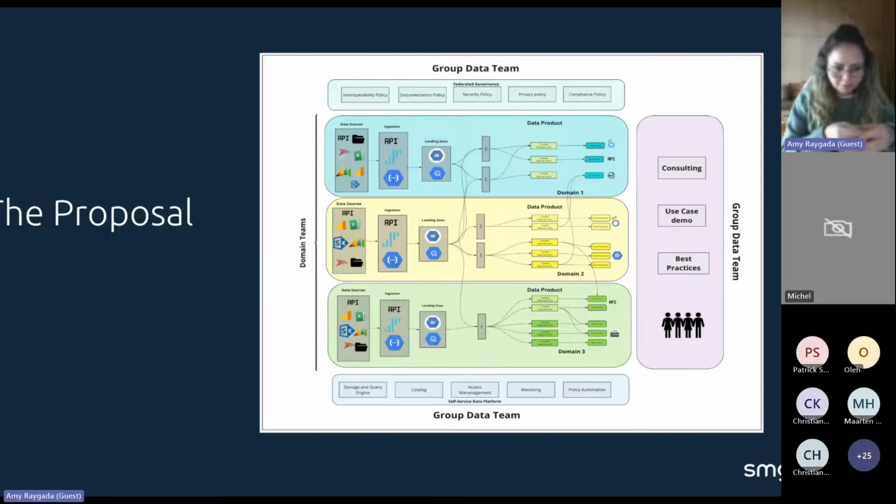We also understood we needed this data platform enablement team that would provide infrastructure so the teams didn't need to worry about the infrastructure per se, that implements all the best practices and data governance, cloud governance, access control, and data privacy.